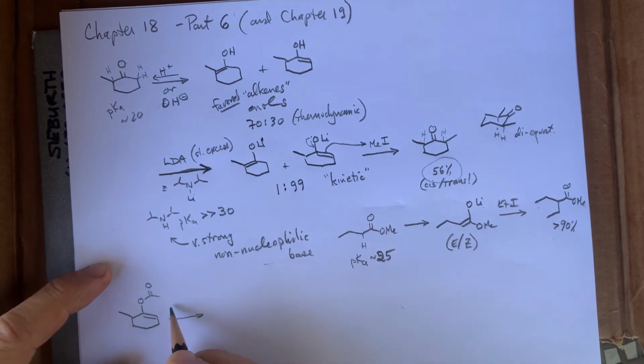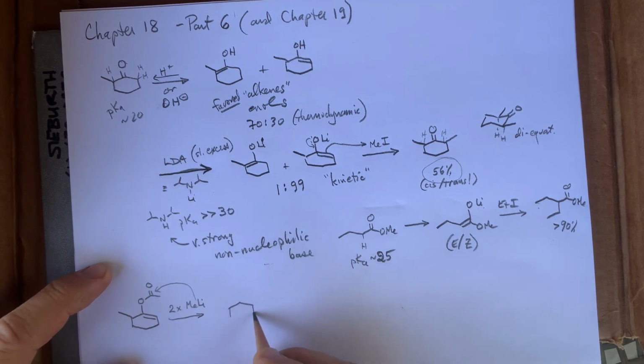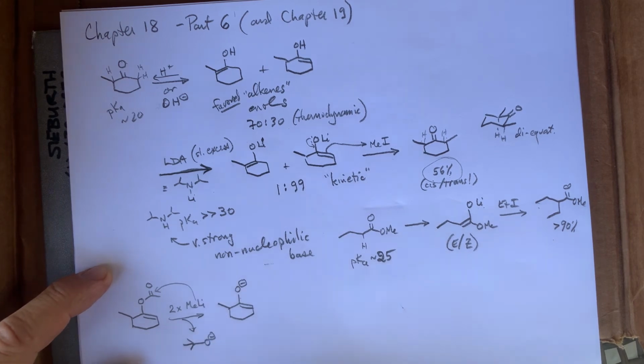And then they would go in with 2 equivalents of methyl lithium, so that attacks the ester, and then it kicks out the acetate, and then of course you get acetone, and then that alkylates again, and so you get t-butoxide in there.